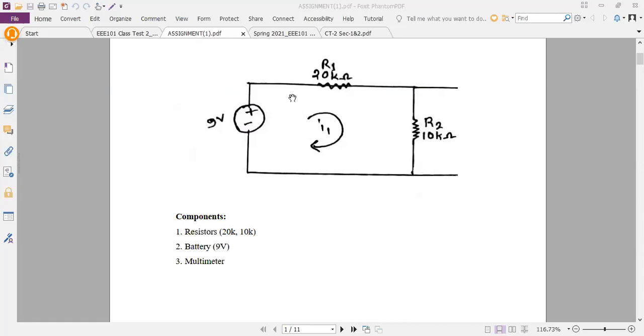This way you have to divide your work, and you have to tell me how you divide your work among yourselves. And everybody must have an understanding of the practical, theoretical, and simulation information, because I'm going to take a presentation on this, and you have to give a presentation group-wise.